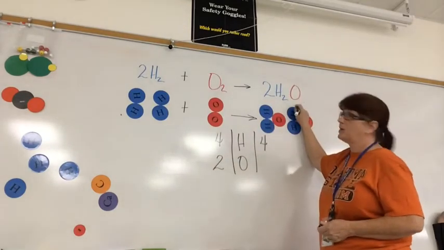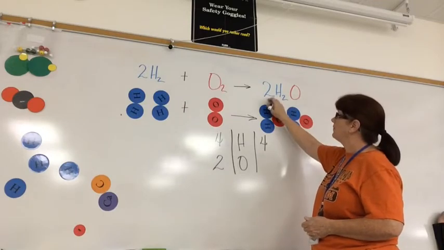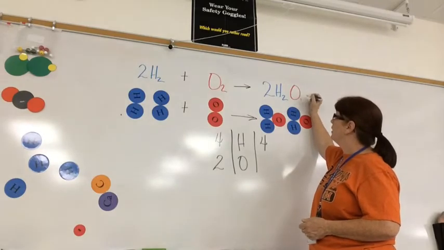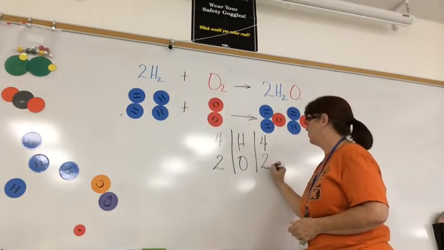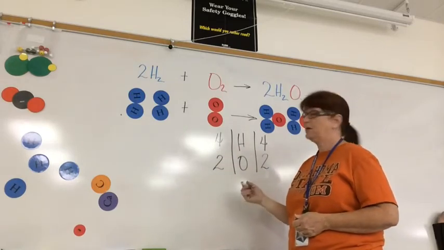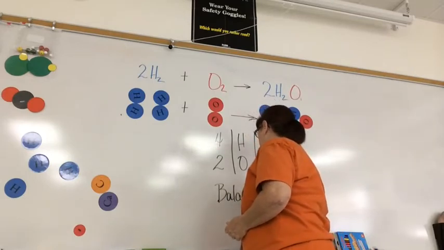On the product side, we have 2 molecules of H2O, so this 2 has to be multiplied by the subscript of 1 here. So 2 times 1 is 2. Because our numbers match, we consider this to be a balanced equation.